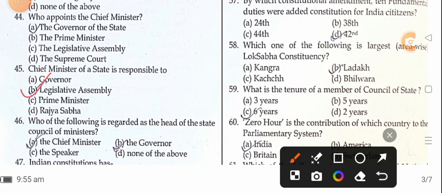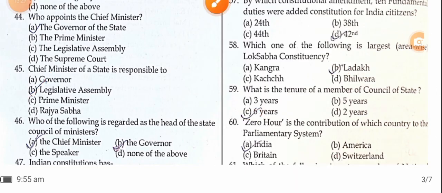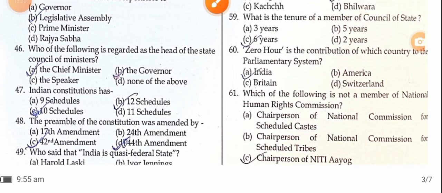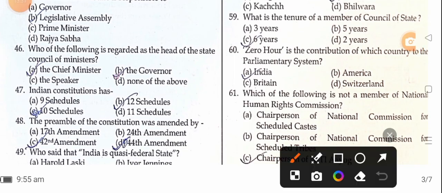Which of the following is the largest area-wise Lok Sabha constituency? Ladakh. What is the tenure of a member of the council of state? 6 years. Who of the following is regarded as the head of the state council of ministers?